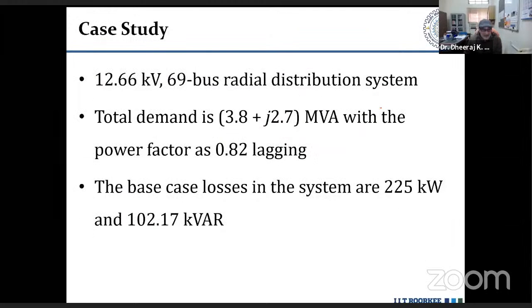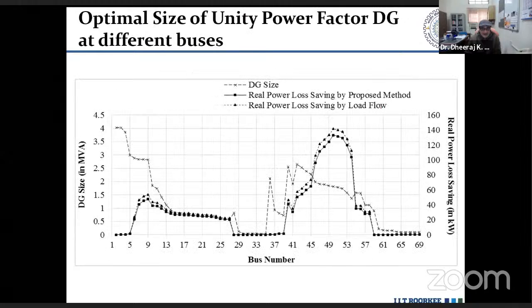So again, this algorithm is tested on 69 bus radial distribution system. Here first we tried to determine the optimal size of unity power factor DG at different buses.